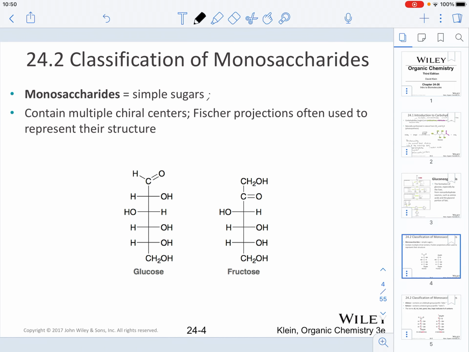Understand that monosaccharides, which is one unit of carbohydrate, which in other words are simple sugars, have multiple chiral centers.